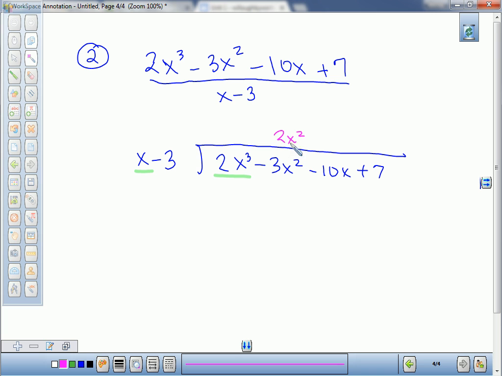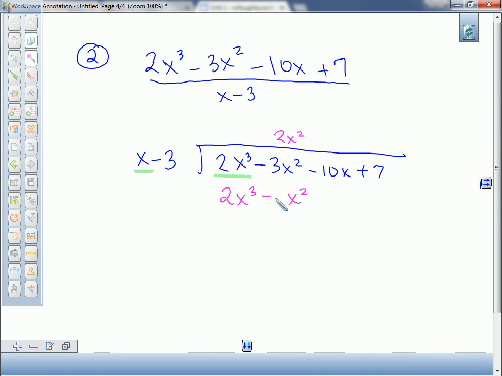All right, so 2x squared times x is 2x cubed. 2x squared times negative 3 is negative 6x squared.